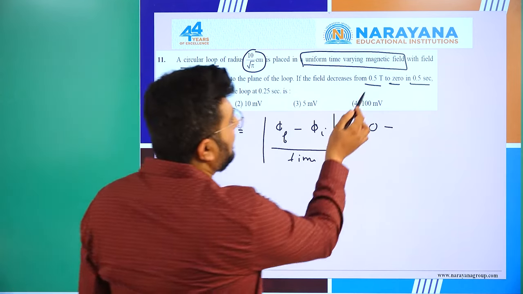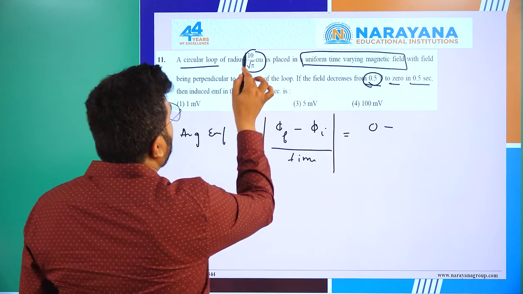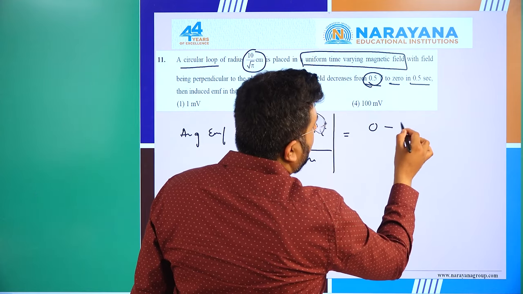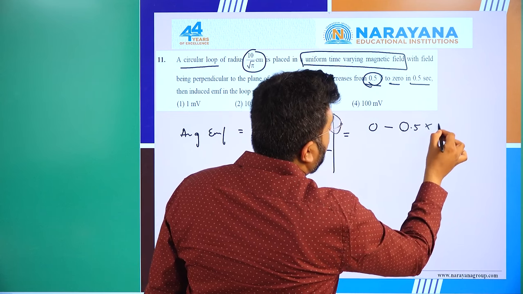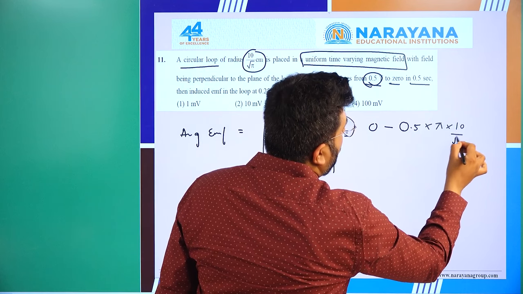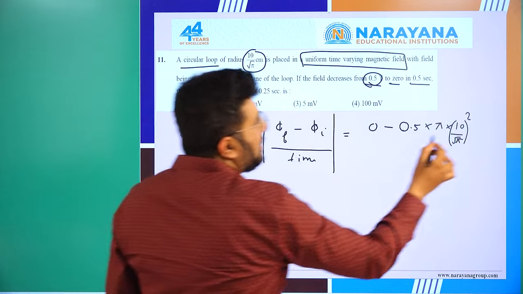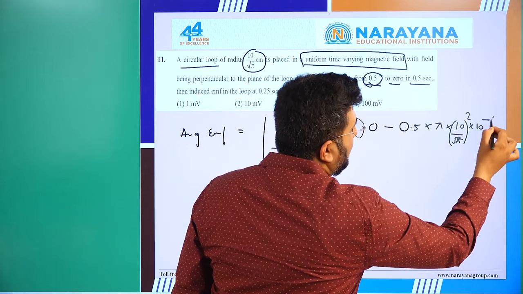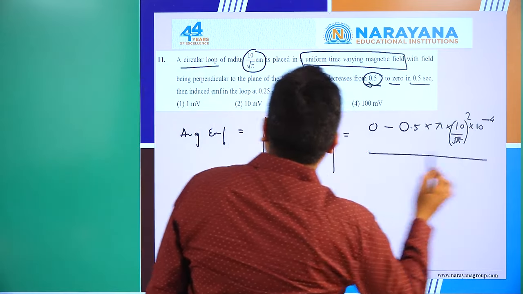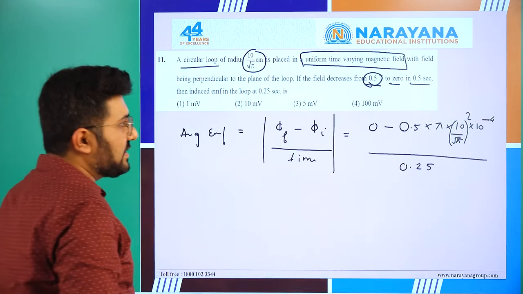So the magnetic field initial is 0.5 Tesla, and from here I'll get the area. So I'll write 0.5 multiplied by area, which is pi into 10 by root pi whole square, and because it is in centimeter, let's convert it into SI unit, 10 raised to the power minus 4. Okay. Divided by the time taken.